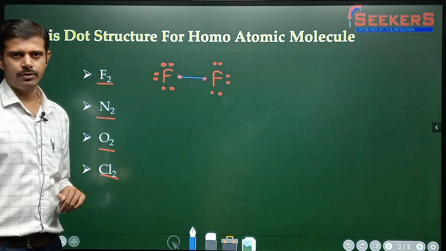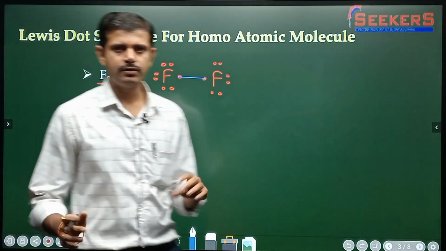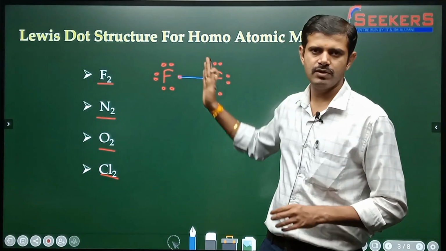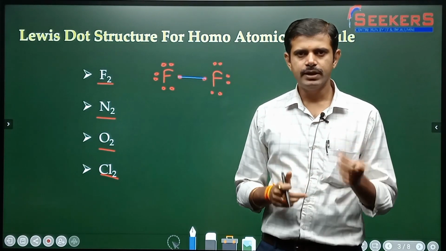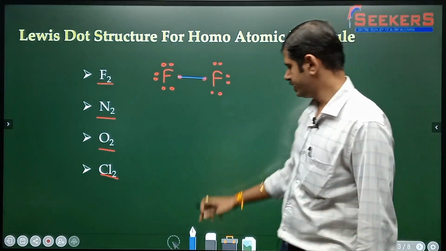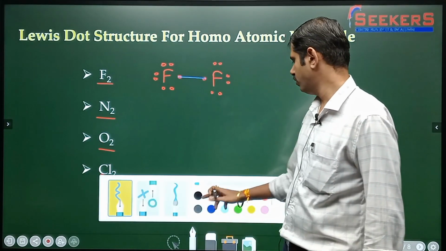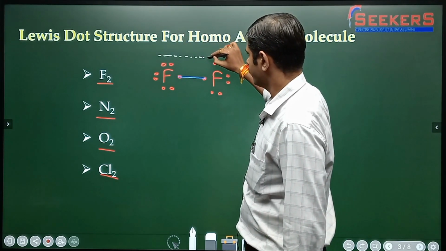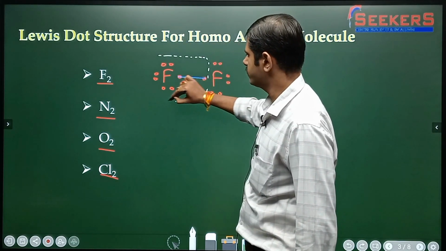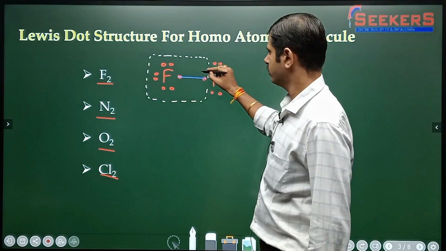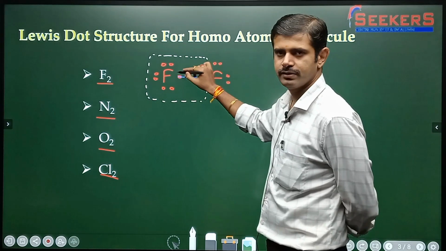Why are we forming a bond? Why can't this fluorine and another fluorine remain separated? They join so that their octet can be completed. See the valence shell of this fluorine. How many electrons are there? 1, and this shared one is also included in this fluorine.